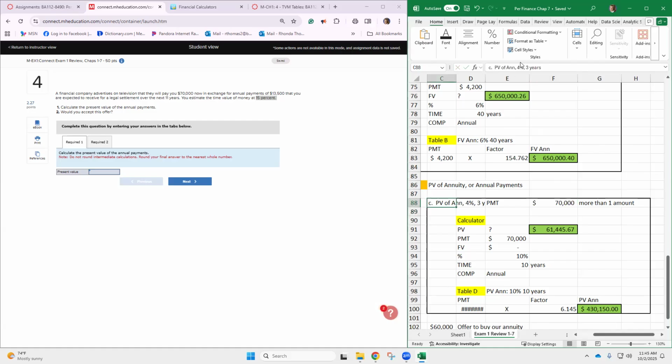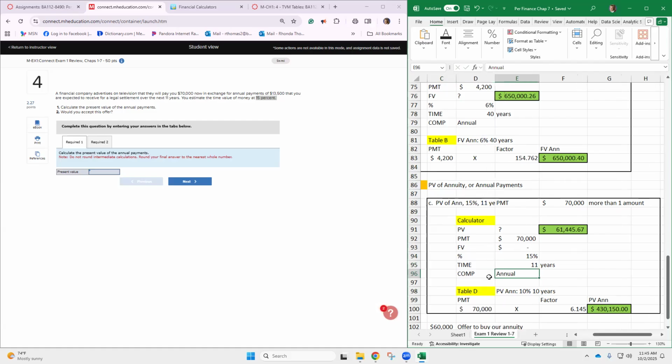To figure the present value of it, I need to know the interest rate, the time value of money, which is 15%, and I'm looking at 11 years. Okay, and our payments are 70,000.